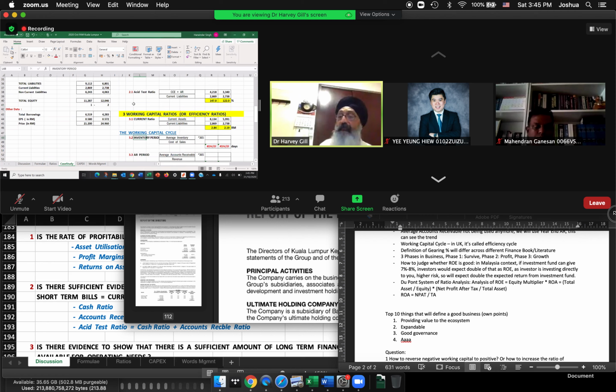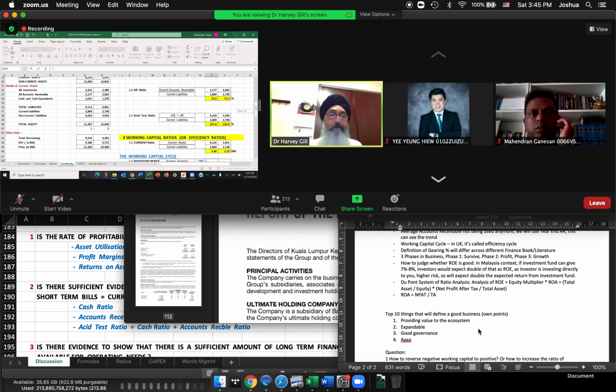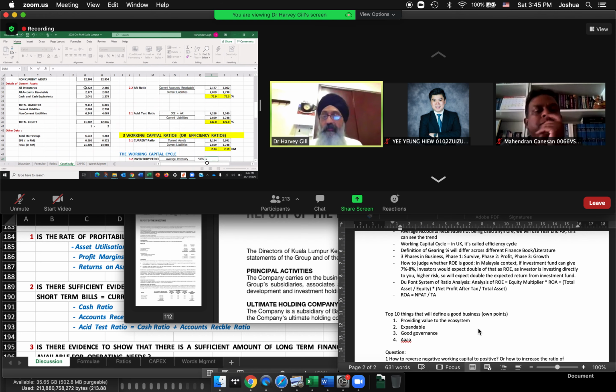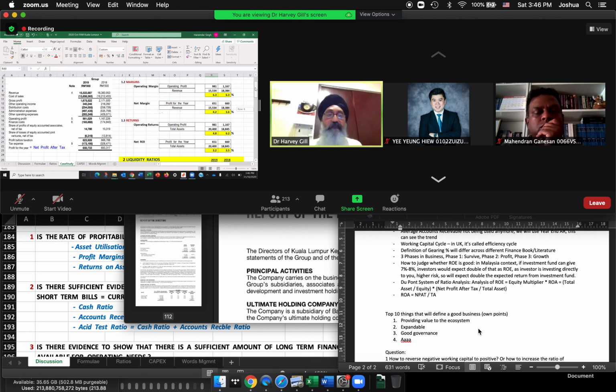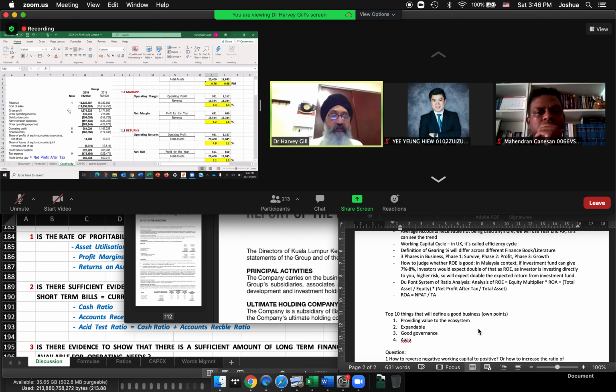So let's look at working capital cycle for trading companies, manufacturing, agricultural companies. Definitely this is important. So what is this formula that I put in? Oh, I did the 365 here. Clever. So I'll just put in average inventory here, and cost of sales. I have to go back here now to find cost of sales. What's cost of sales? 13,858.